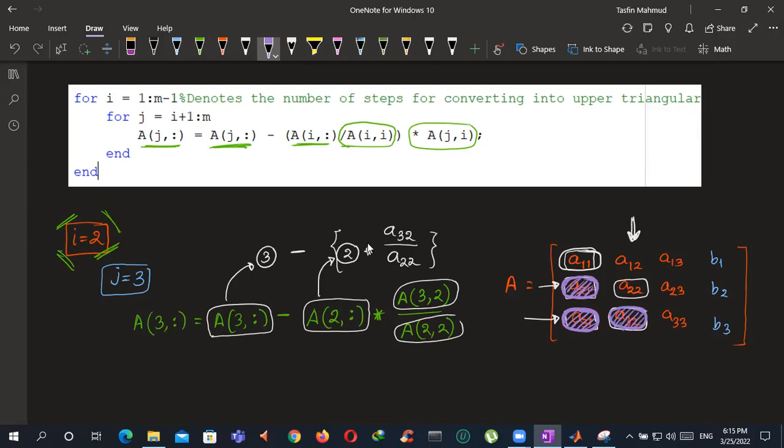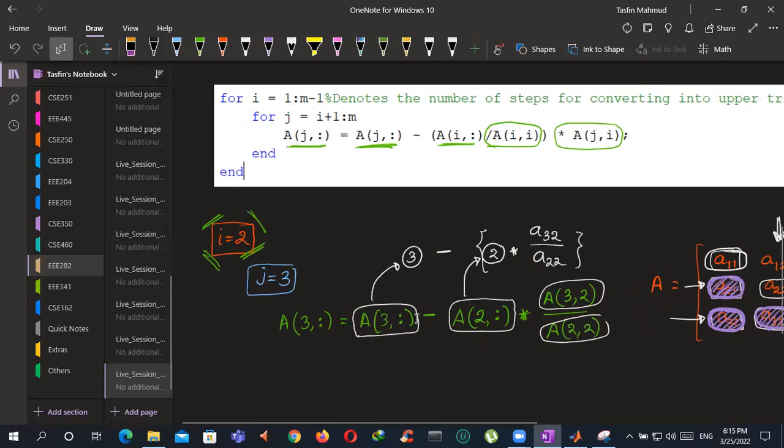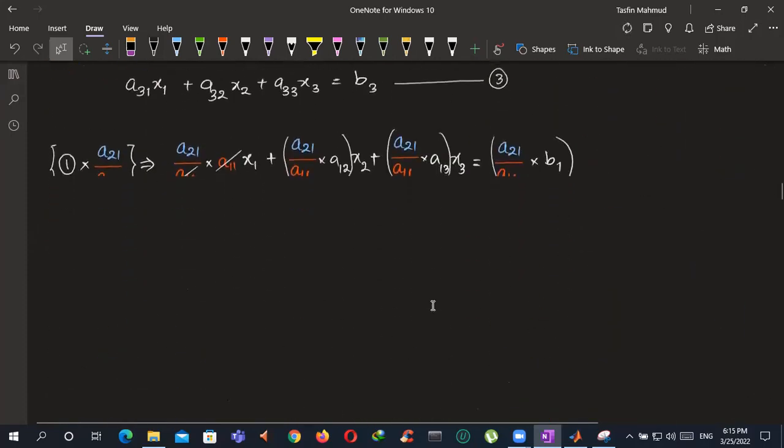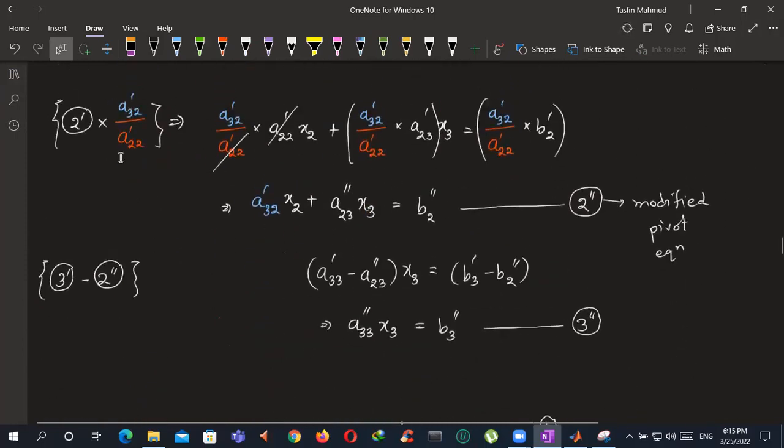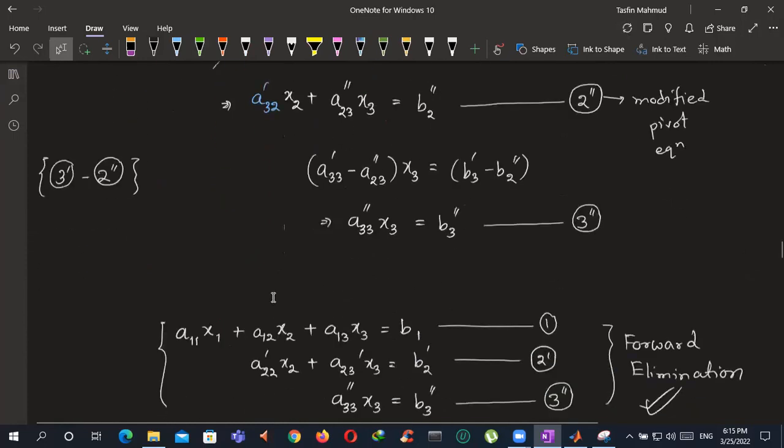Okay, so that's the thing we did actually in case of forward elimination, right? In the forward elimination step, we did the same thing. With the second equation, we multiplied with these coefficients, and then we took the subtraction.